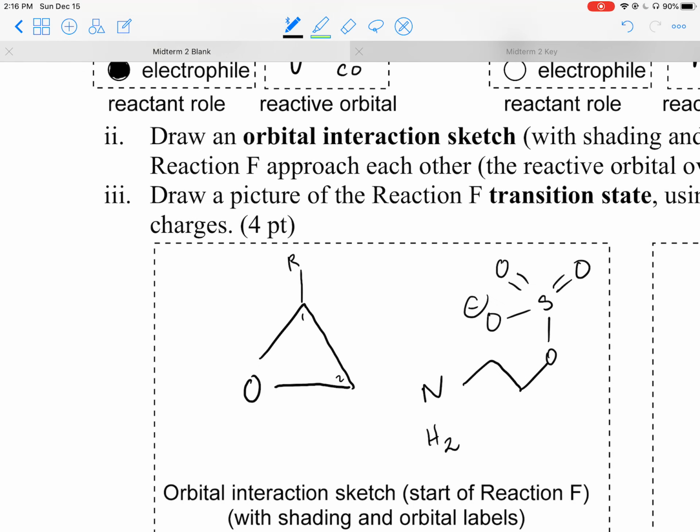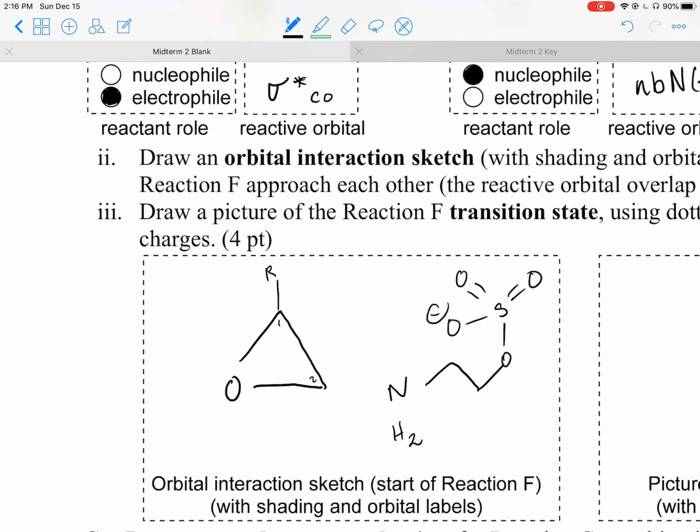So what we want to do is we are breaking the sigma bond between the oxygen and carbon 2. So we are going to show an sp3 orbital for oxygen and for carbon. And we want them to have opposite shading because we want to show that it's breaking.